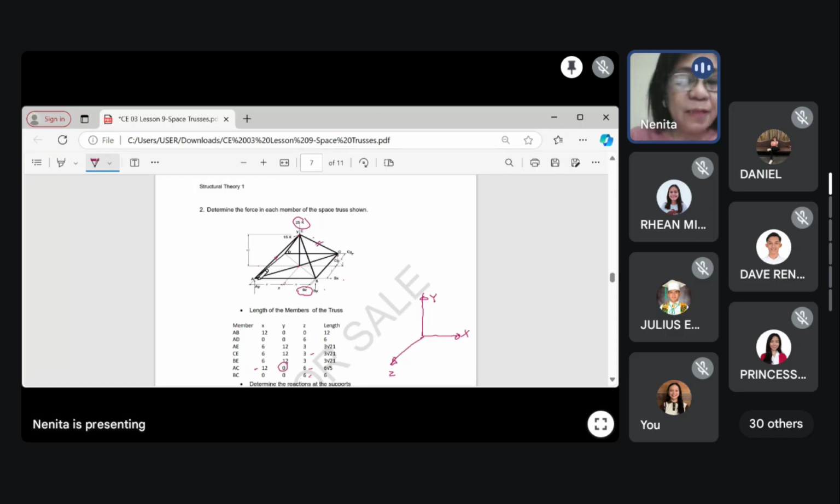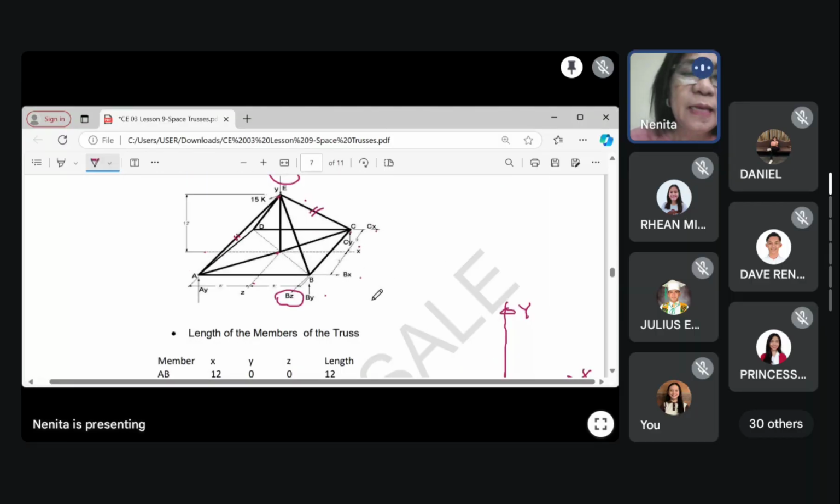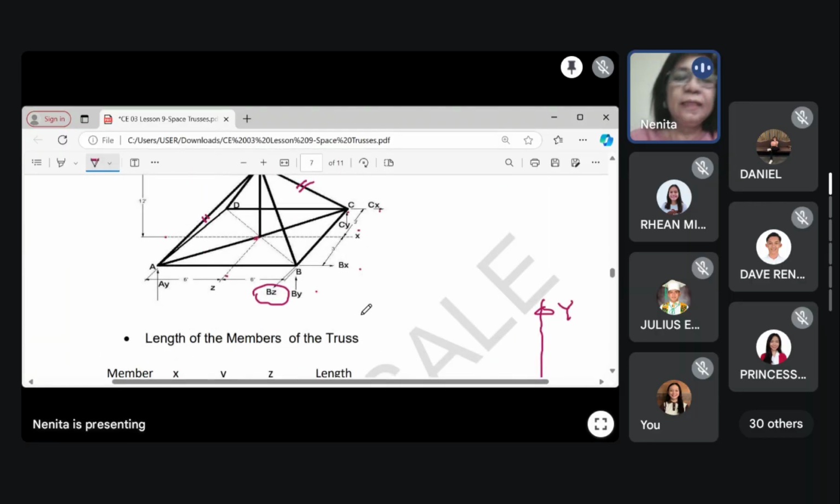Okay? So that you will see it very well. Yan. Yan, ha? So, ang AY na sa ating x-axis. Ang ating AY is 6. Diba? Ang ating AY dire is 6.